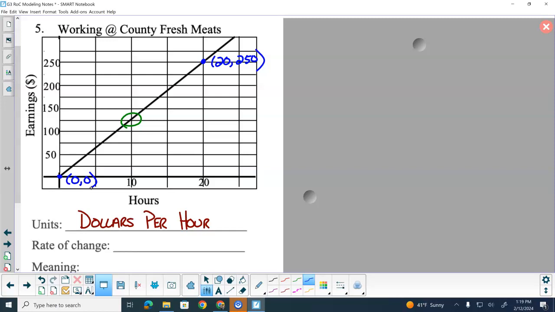What's my change in my dollars? Plus 250, right? Okay. Divided by, what's the change in my hours? To go from here to there. 20, right? Plus or minus? Plus 20.